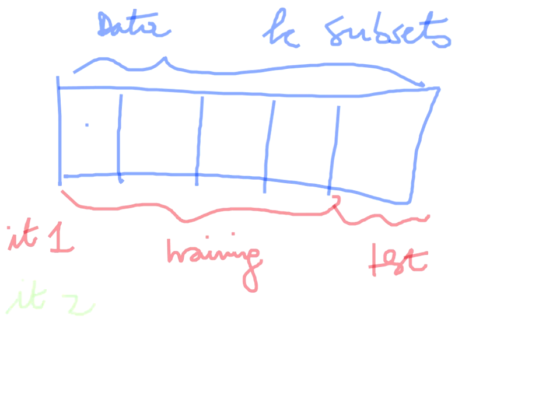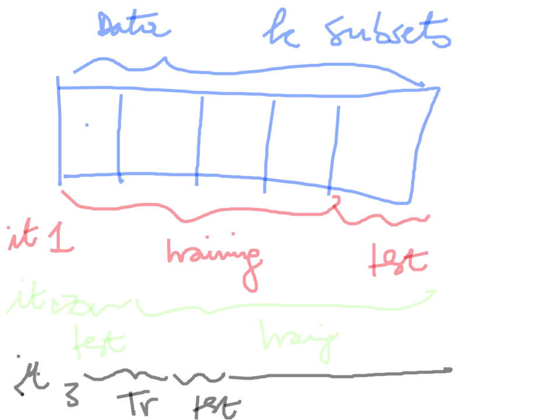In iteration number 2, we will use all this data for training and this one for the test. In iteration number 3, we will use this data for training, this for test, and this for training, etc.